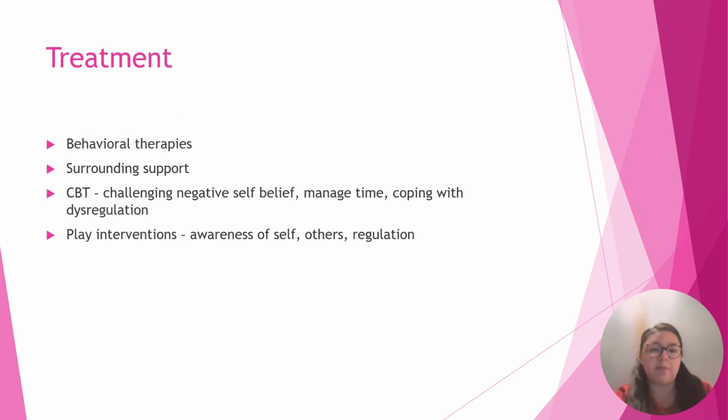All right, so the different types of treatment that you're going to be seeing is going to be mainly behavioral therapies recommended. You're going to have the surrounding support, which we'll go over a little bit, that can apply to both autism and ADHD. CBT is seen as useful for challenging negative self-belief, managing time, coping with dysregulation, which I find DBT can also be very helpful in distress tolerance. For children, you're going to see play interventions, awareness of self and others, and regulation.